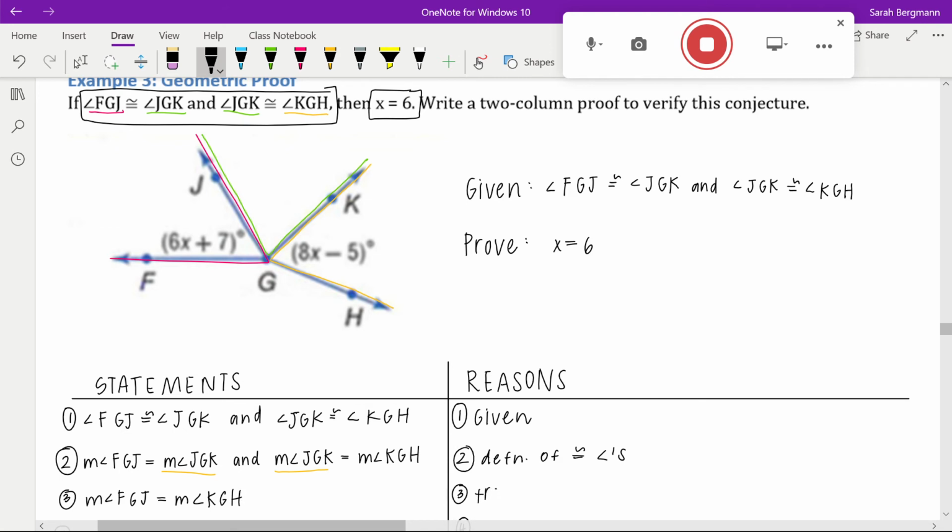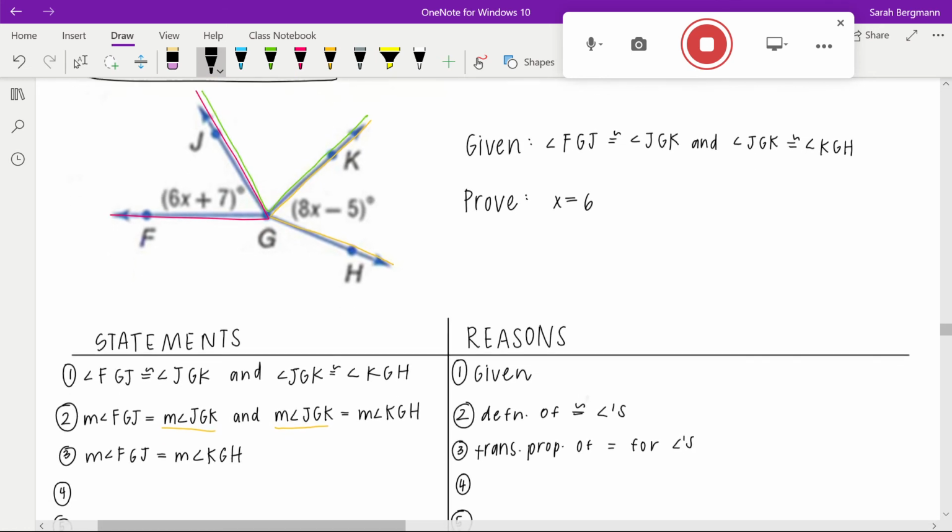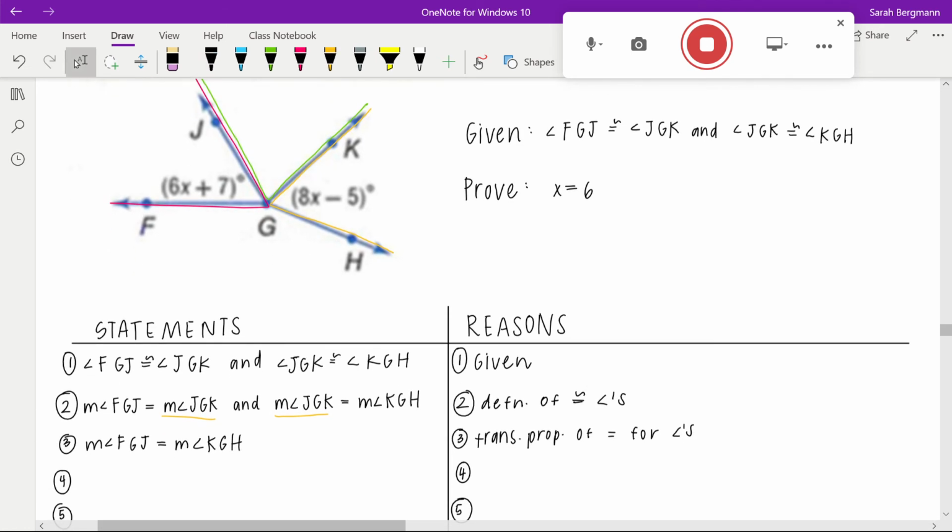This is the transitive property of equality for angles. Now that I have these 2 measures equal, I can solve this just as I would have done in the past. I'll substitute in the expressions for the measure of each angle. This is called substitution.